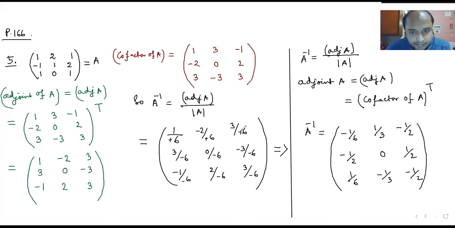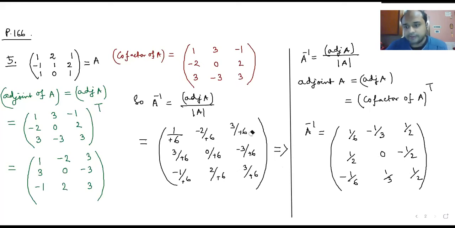So plus, plus, plus, plus, plus, plus, and therefore the first one will be 1 by 6, second one will be -1/3, third one will be half, this one will be half, second one will be 0, and the last one will be -1/2, and it would be -1 by 6, 1/3, half.